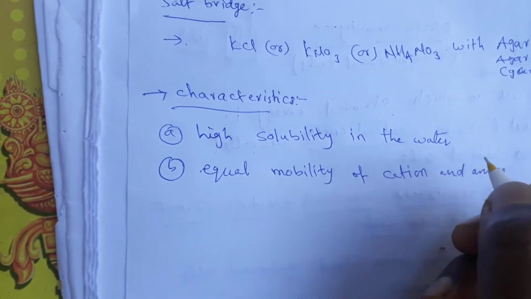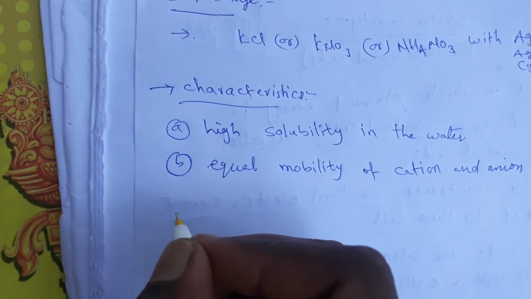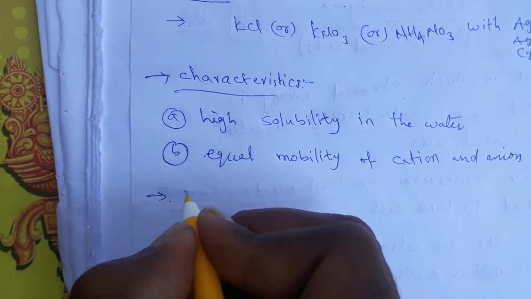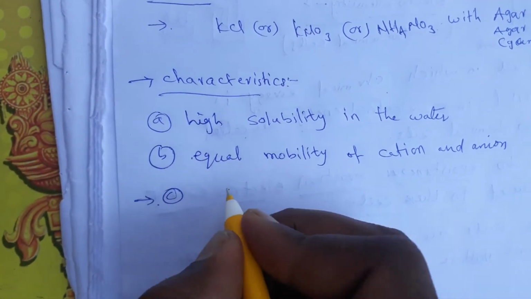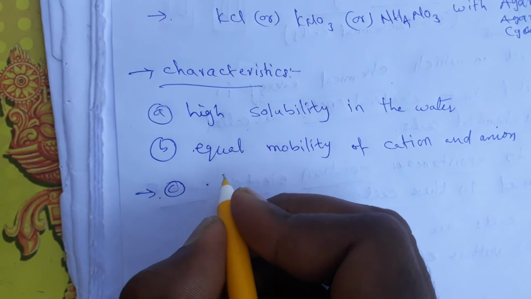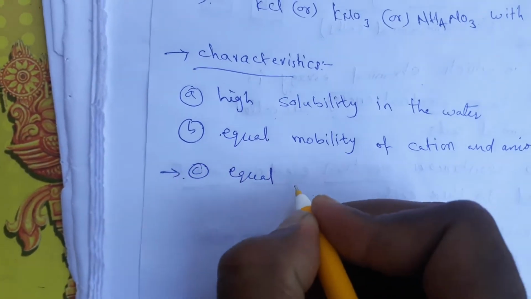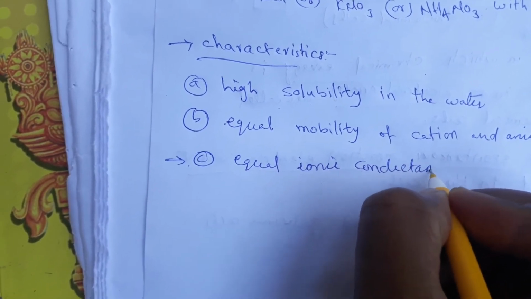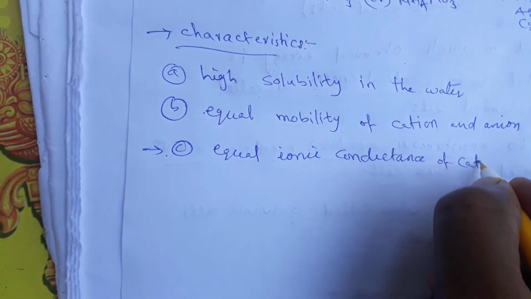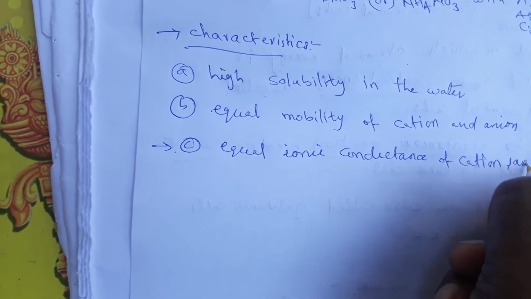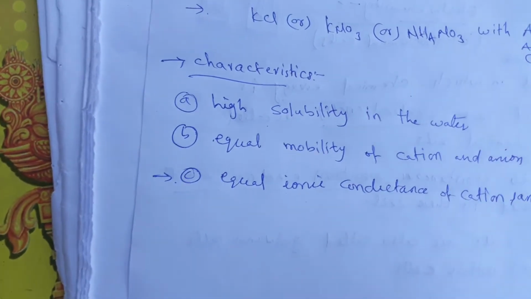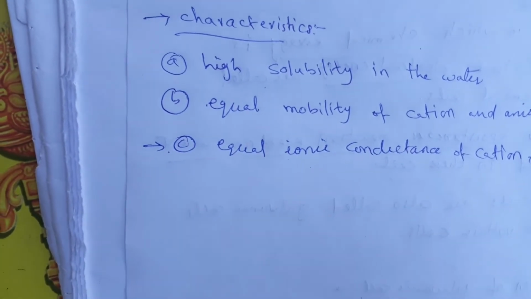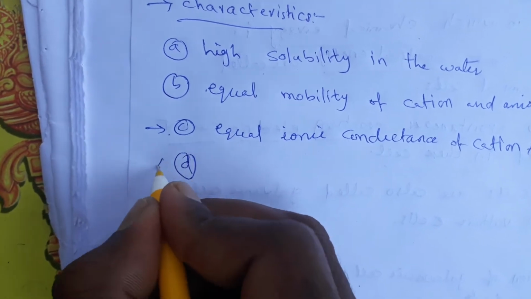Also equal ionic conductance of cation and anion. Next is equal transport number of the cation and anion.